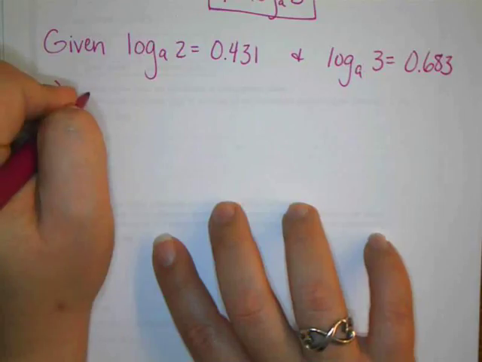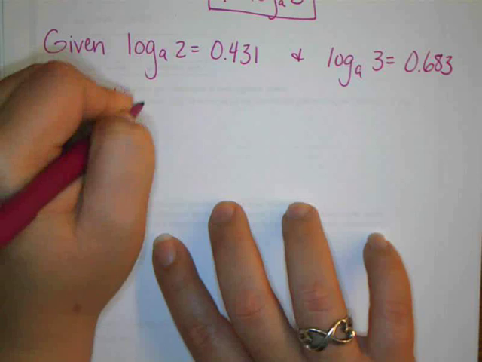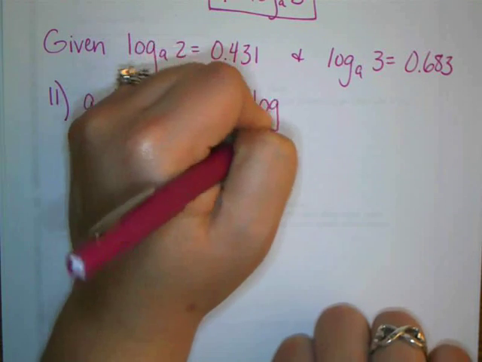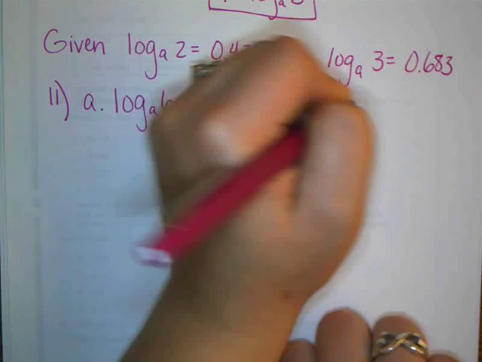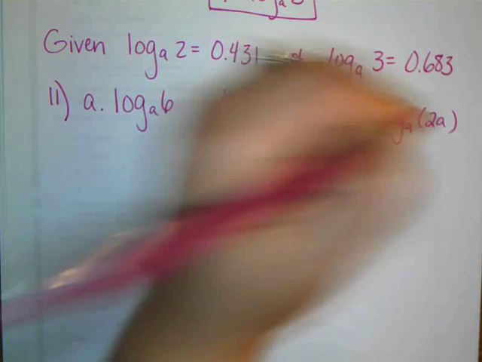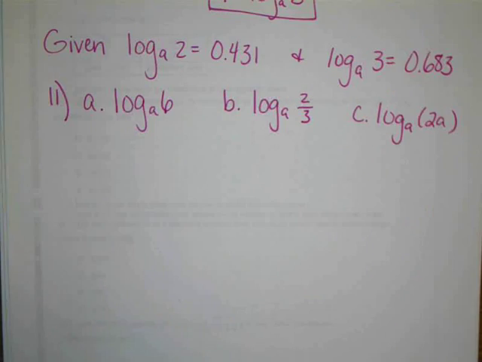I want you to find log base A of 6, log base A of 2/3, and log base A of 2 times A. Now you can't do this without knowing this information because of the base A in there. You don't know what number that is.